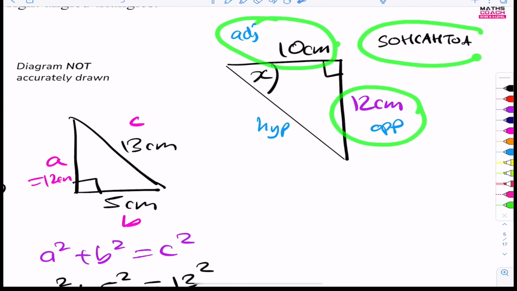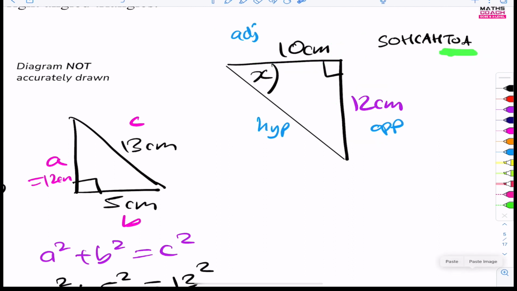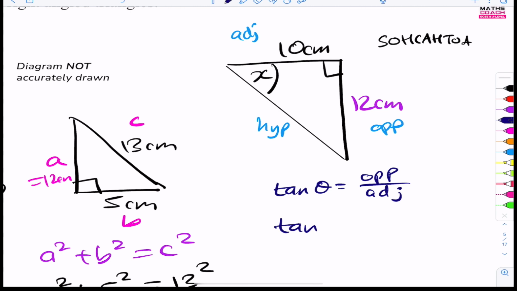Now, we are dealing with adjacent and the opposite. If we look at SOHCAHTOA, what deals with adjacent and opposite? Adjacent and opposite is tan, TOA, okay? So we are going to do tan theta is equal to opposite divided by adjacent. So now let's go substitute our values in. Our theta is x, so it's going to be tan x is equal to opposite is 12 over the adjacent, which is 10.